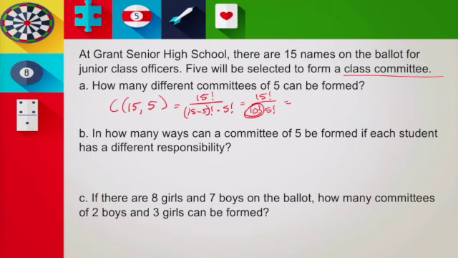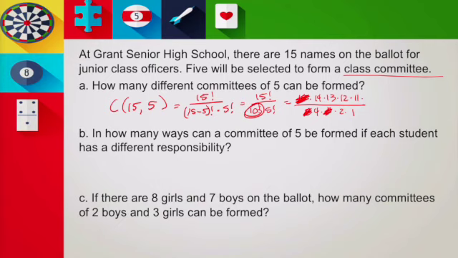And so because of this, we can cancel anything from 10 on down. So 15 times 14 times 13 times 12 times 11, and we cancel the 10, over 5 times 4 times 3 times 2 times 1. And then here is where I get a little bit fancy. I'm going to cancel the 5 and the 3 because that makes a 15.